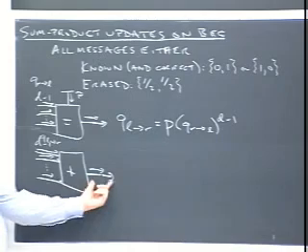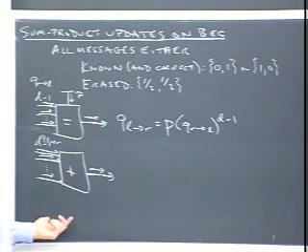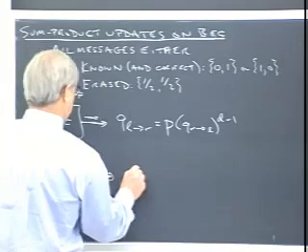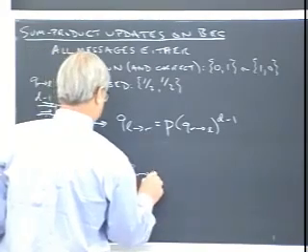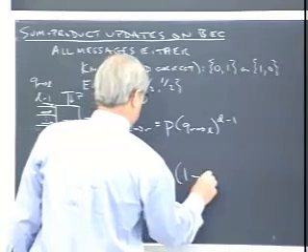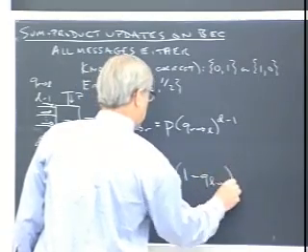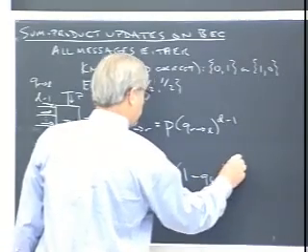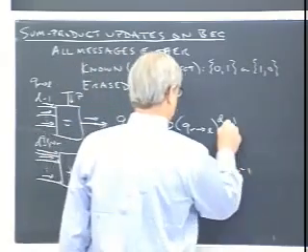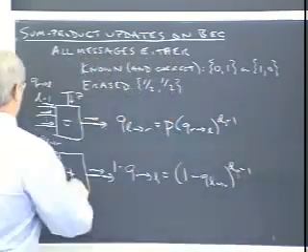This is not erased only if all of these are not erased. So we get 1 minus Q right to left is equal to 1 minus Q left to right to the D minus 1. And this is D right and this is D left.